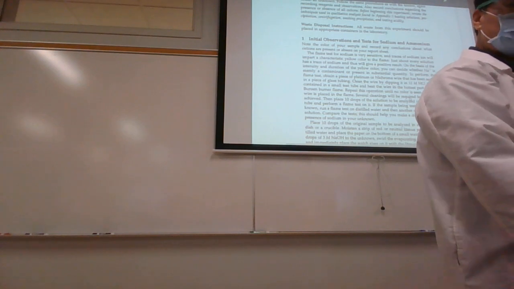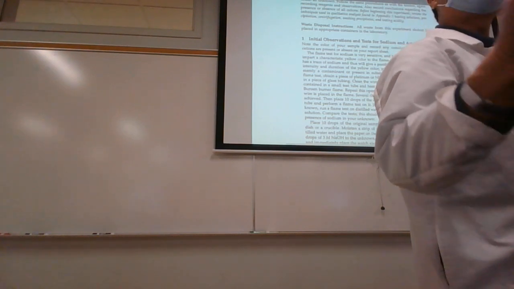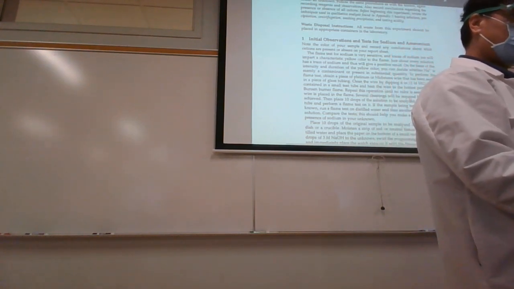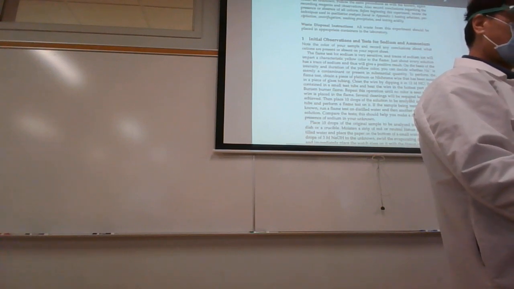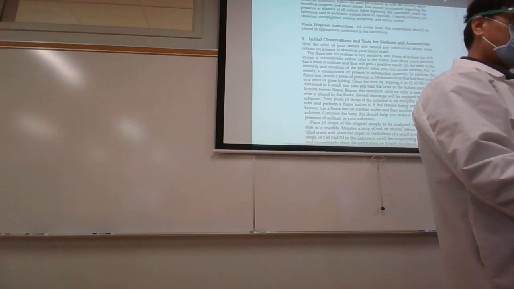So you want to get a nice little cone like this. And the first thing is you test your wire to see if it imparts a color to the flame. Do you see that yellow color? I just tested positive for sodium here.